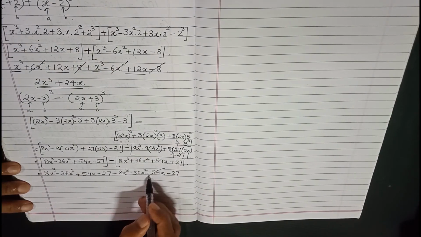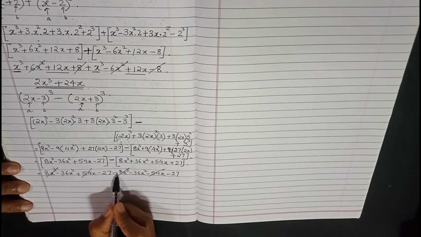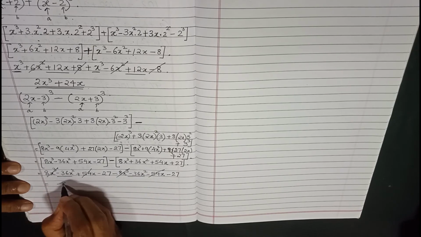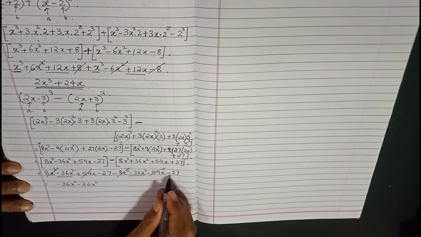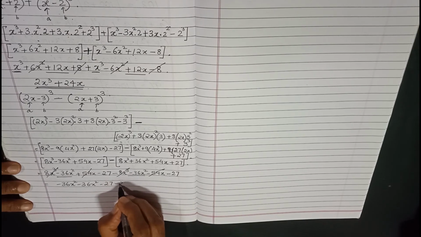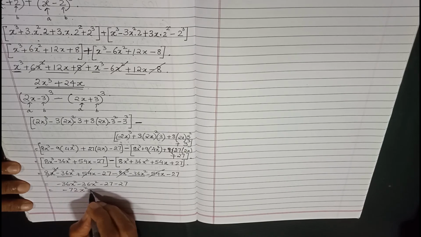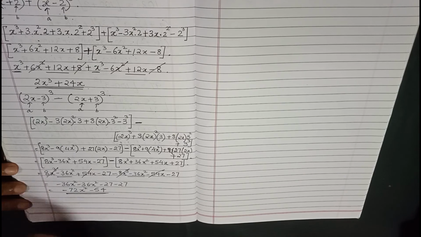So you can see 54x will get cancelled and 8x³, because one is plus, one is minus. What remains is −36x² − 36x² twice, and −27 and −27. So what we get is −72x² − 54. So this becomes the answer.